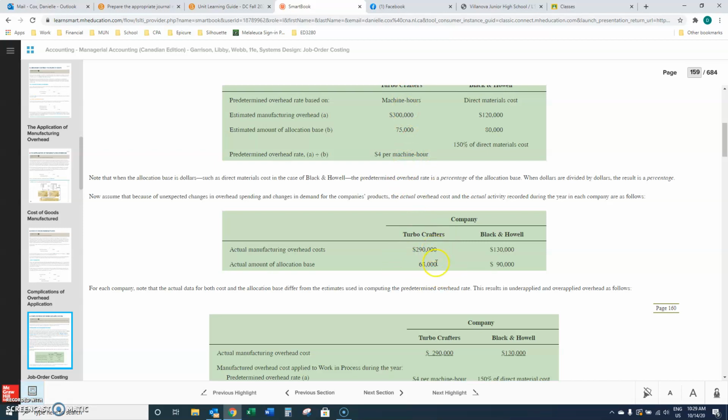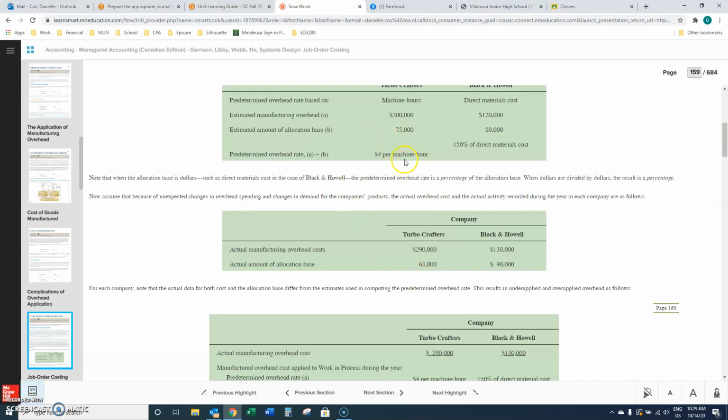So in month one, they would take 5,000 machine hours at $4 per machine hour, and they would use that amount. In month two, they would take the actual amount of the allocation base and multiply that by the estimated predetermined overhead rate.